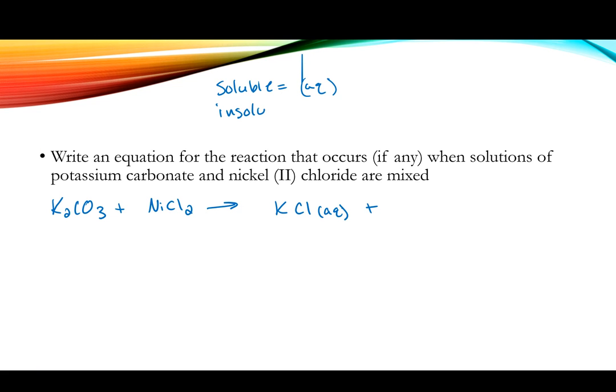Insoluble means solid. So we're going to get potassium chloride and we're going to get nickel carbonate. Carbonates are typically insoluble, so there is going to be a solid product there. Since I have a solid product, this reaction does occur. I have to just finish it by balancing it by putting a 2 in front of the potassium chloride.